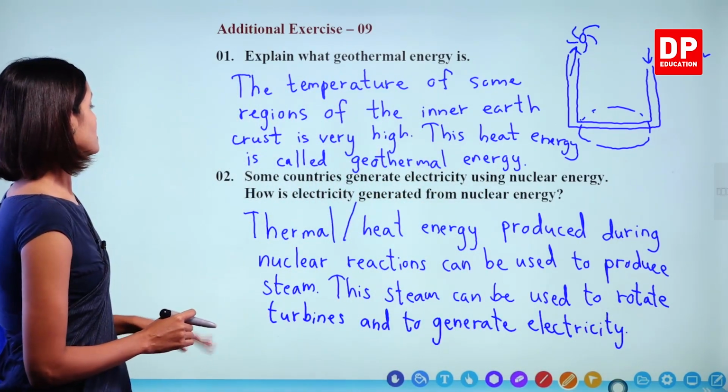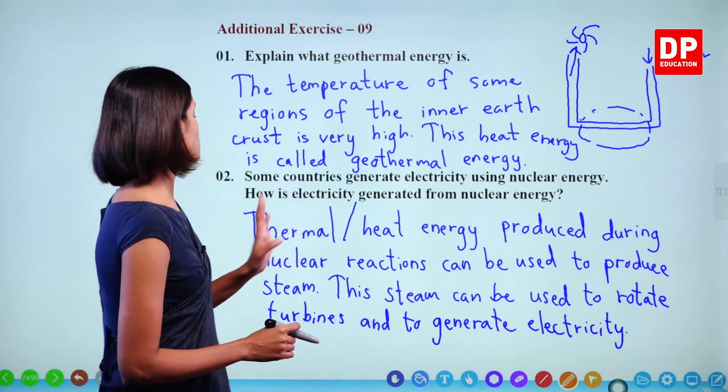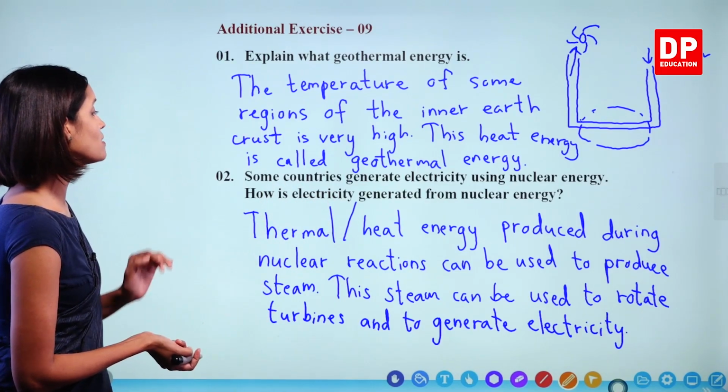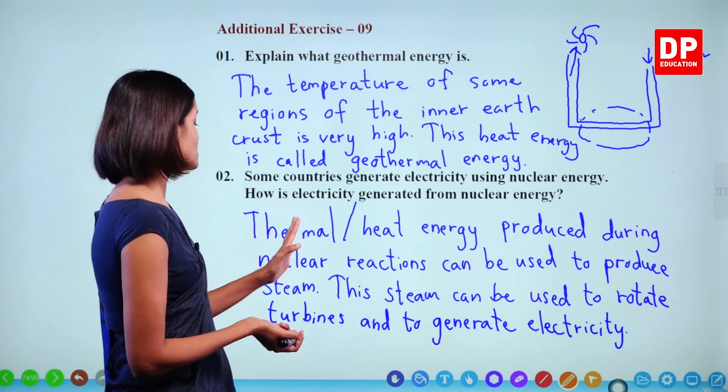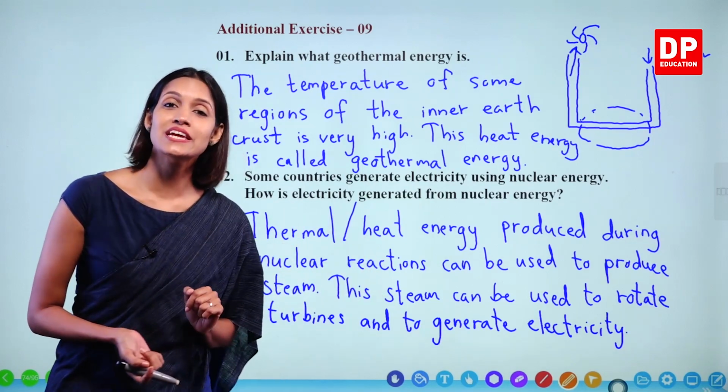Okay? Thermal or heat energy produced during nuclear reactions can be used to produce steam. The steam can be used to rotate turbines and to generate electricity.